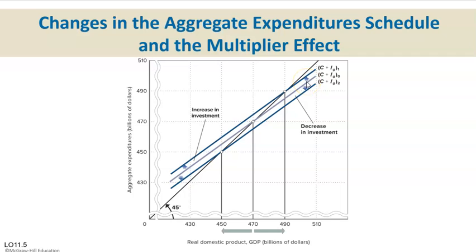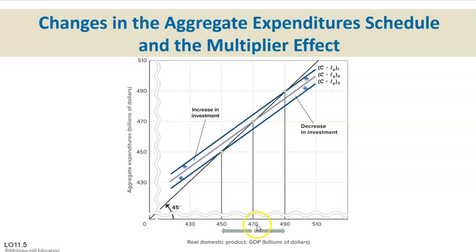When that change happened, it moved our equilibrium GDP. Originally we had an equilibrium GDP right here. When investment increased, our new equilibrium GDP is right here where the new line hits the 45-degree reference line. And you can see what happened to GDP at the bottom of the graph.